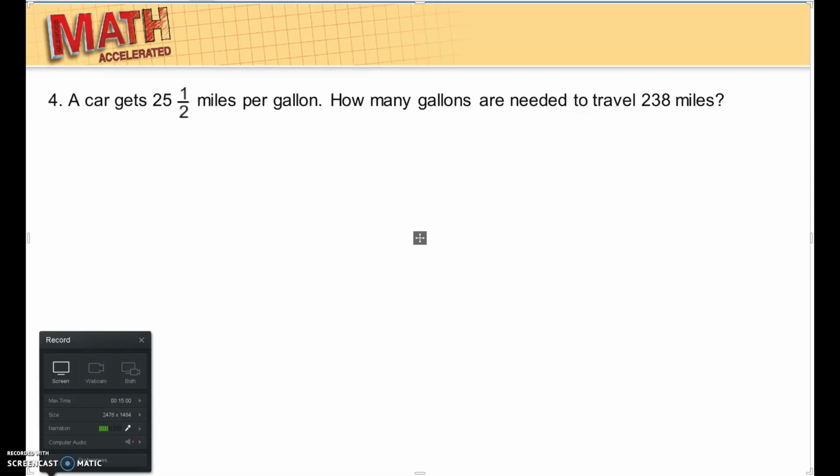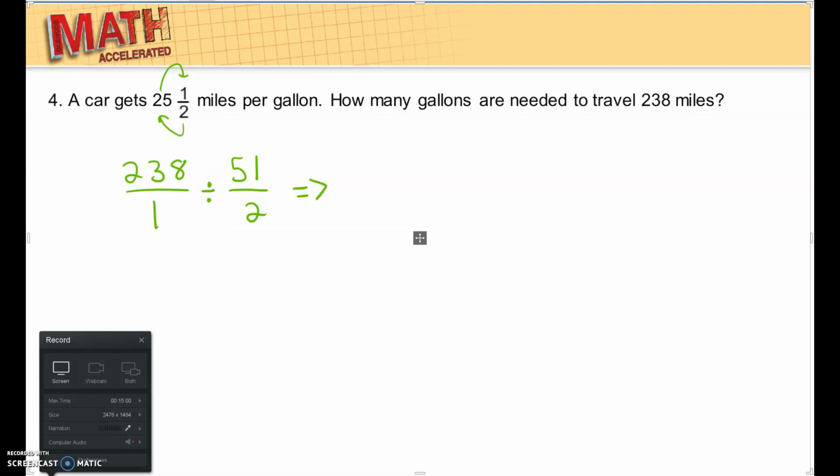Okay, now that you've worked it out, let's see if we got it right. So we're going 238 miles, and then we need to change this into an improper fraction, which is going to be 51 over 2, and we work that out. So 238 times 51 equals, wait, we're not doing multiplication though, we're doing division, sorry, my bad.